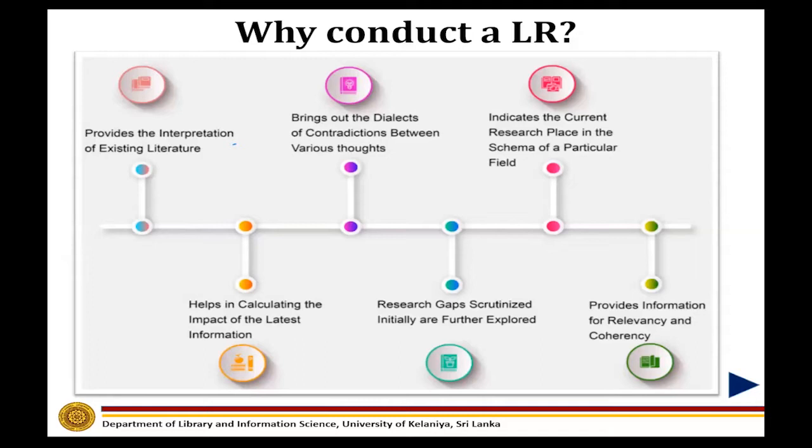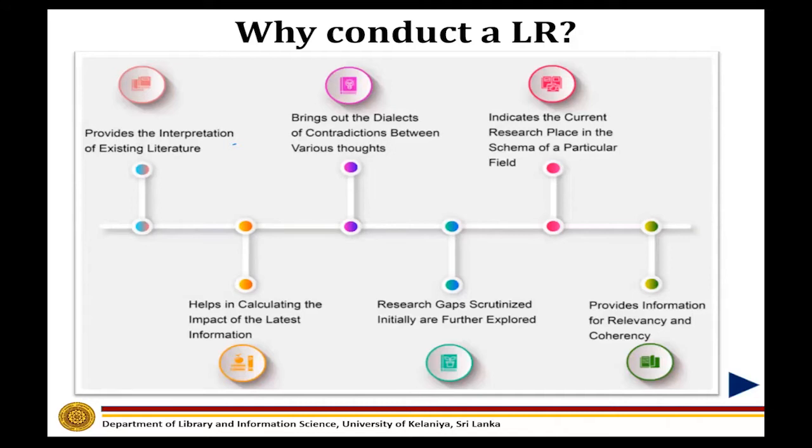So when you are reading such papers, just assume that you are reading 10 to 12 research papers, then you will be able to identify the scenarios going on with information literacy and what the contradictions between those concepts are. Maybe the way that we use information literacy in the Sri Lankan context may not be used in other developed countries.